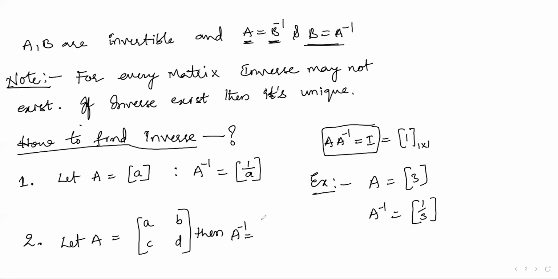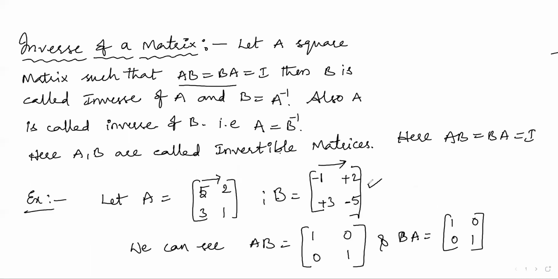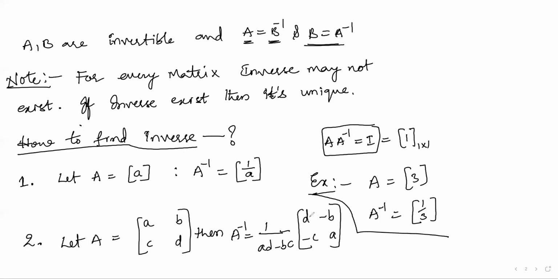We will get to this later, but I am telling you just for the sake of understanding: A inverse equals 1 by (AD minus BC) times the matrix [D, minus B; minus C, A]. That's the reason I could write it fast. I could write it fast using this formula. This is A inverse.